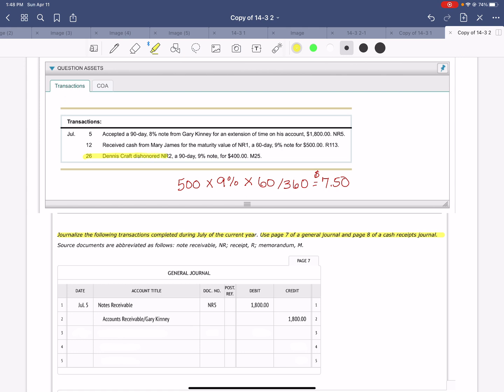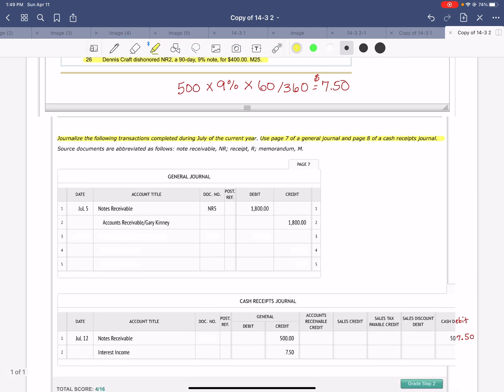The third one is our third transaction. Dennis Kraft dishonored NR2, a 90-day 9% note of $400. Okay, so he's dishonoring his note. Okay, we're going to go to our general journal. Write the date. It's July 26th.